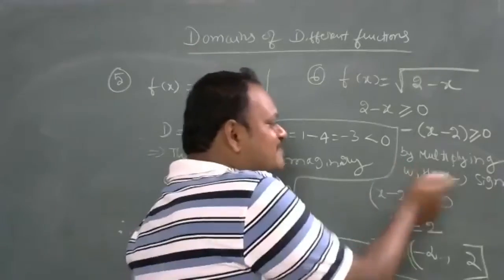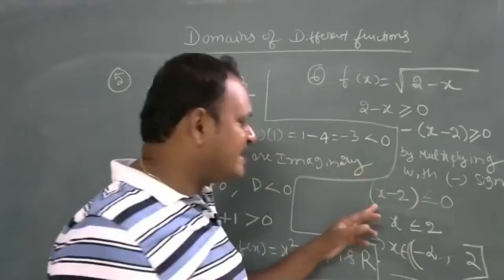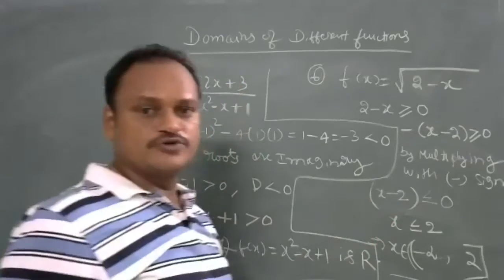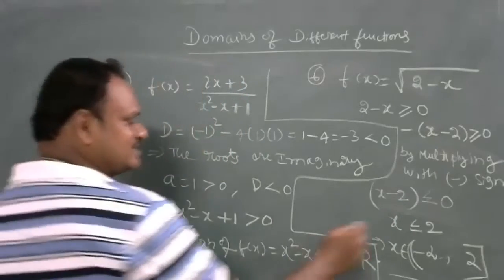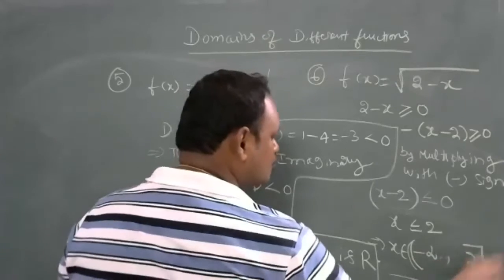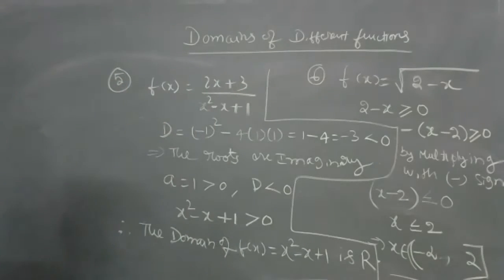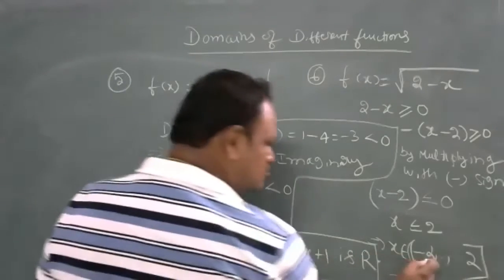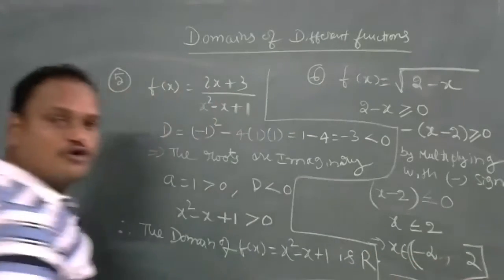By multiplying with the minus sign, x minus 2 is lesser than or equal to 0, so x is lesser than or equal to 2. That means x belongs to minus infinity, comma 2. That is the domain of f of x equal to square root of 2 minus x: the possible x values you can supply such that you get finite values.